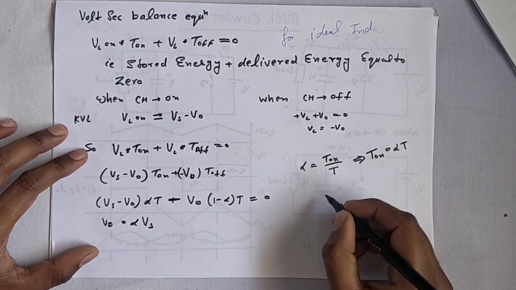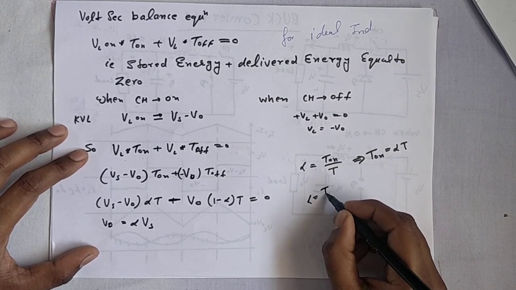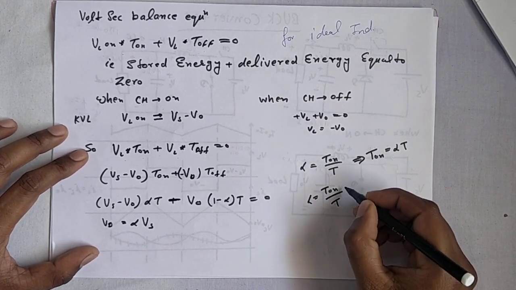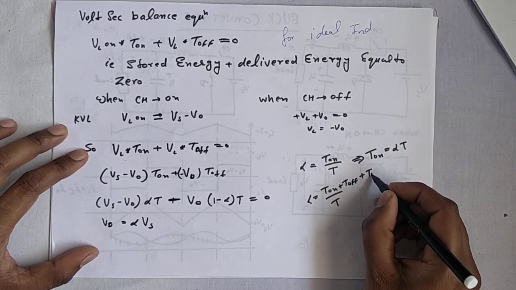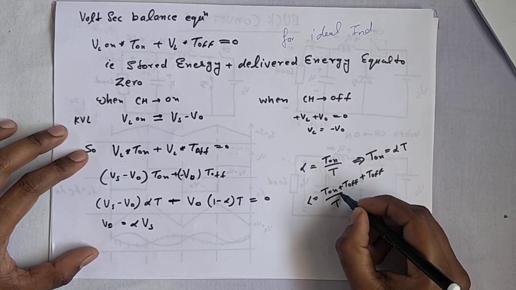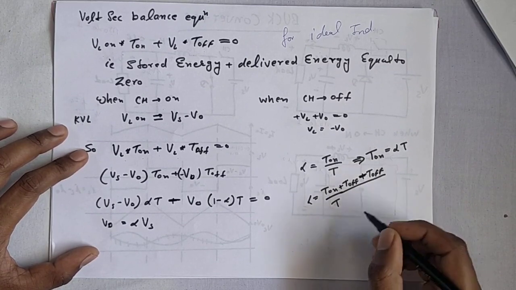Alpha equals T on divided by T, which is T minus T off. Sorry, this is minus T off.